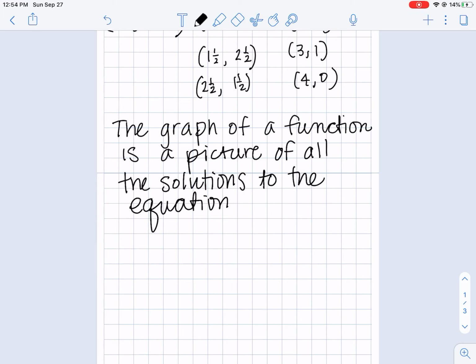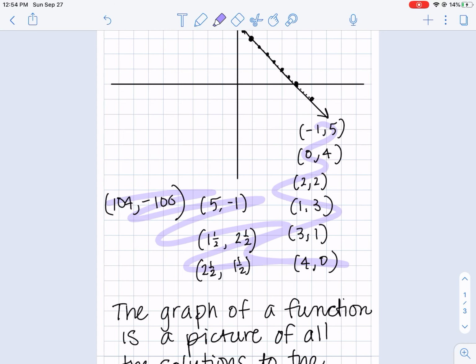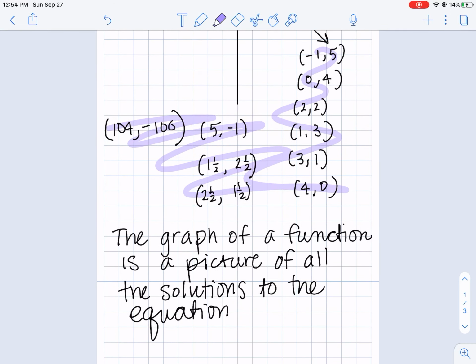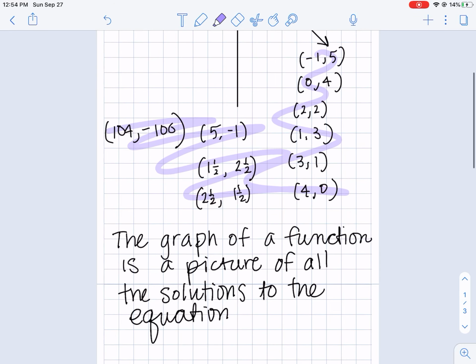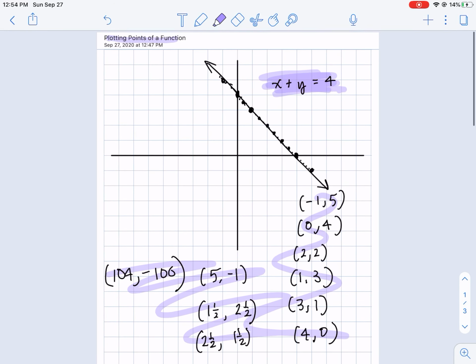It's a picture of all of the solutions, all of these things here. These all fit in our equation. Those were all solutions to our equation. The graph of a function is a picture of all of the solutions of the equation.